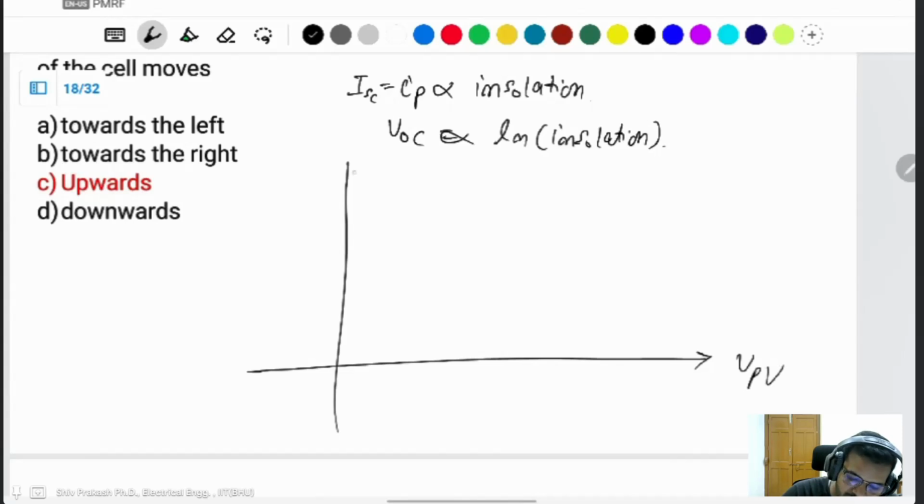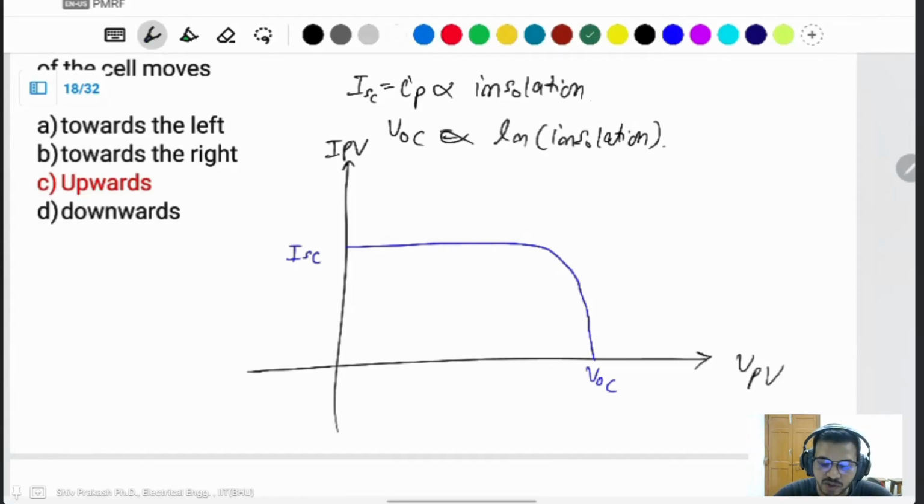VPV, IPV. This will be the first condition, VOC and ISC. What happens if you increase the insolation? Then the short circuit current increases.